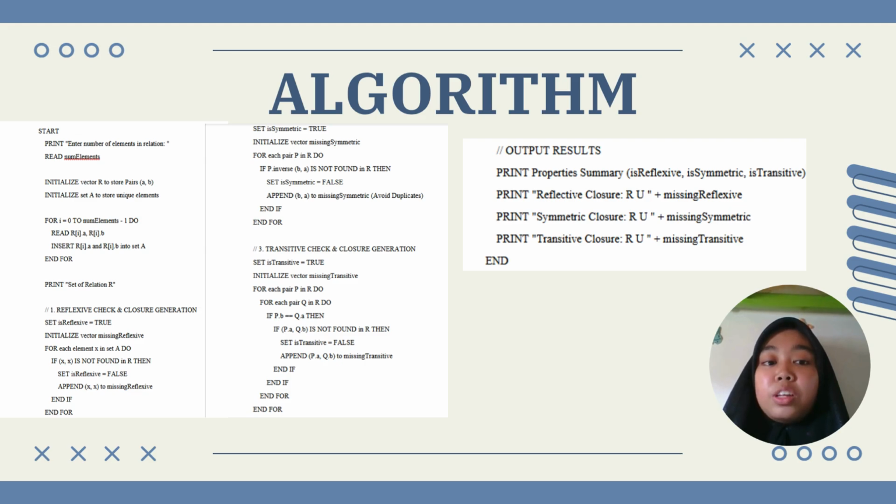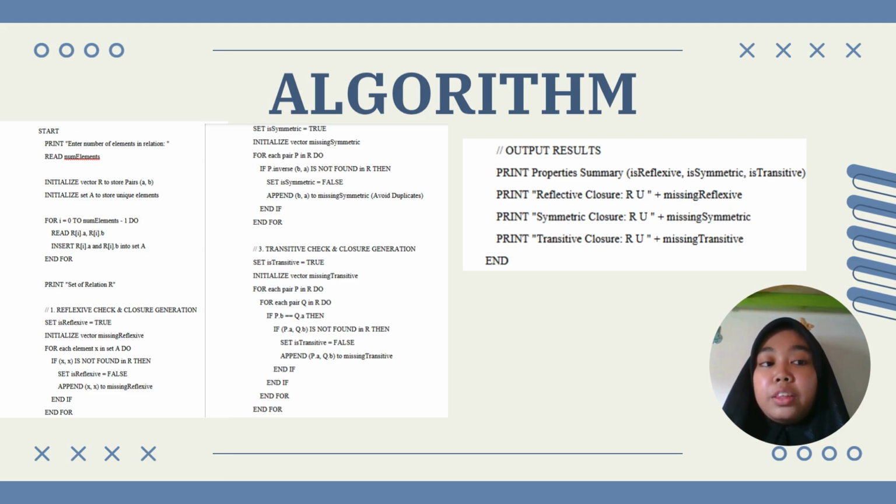Once this value is read, the system initializes two primary data structures: a vector array named R to store the incoming ordered pairs, and a mathematical set named A, capital letter A, to track all unique elements participating in the domain. A loop then executes to read each pair.